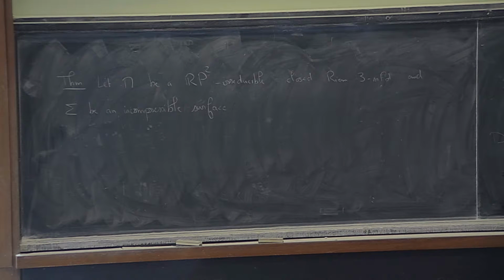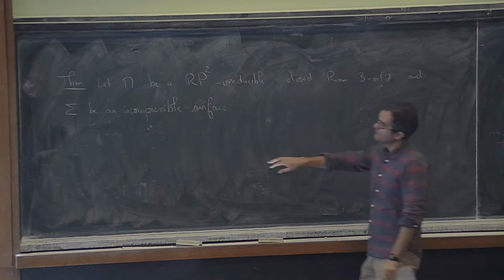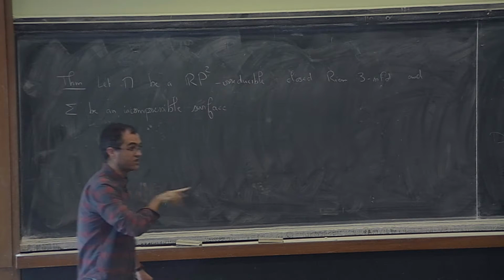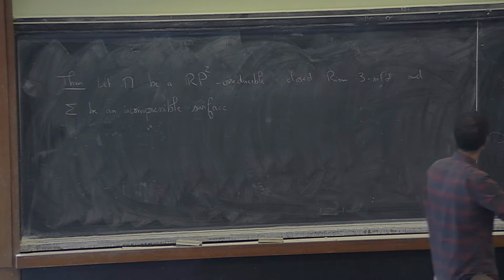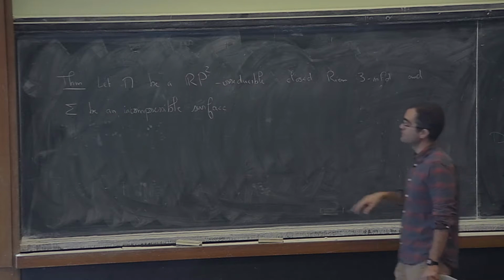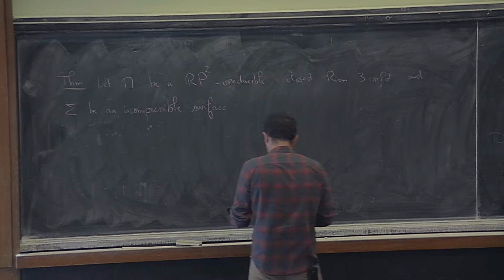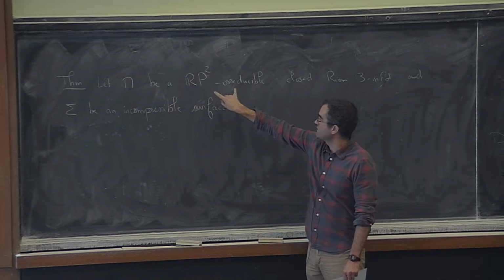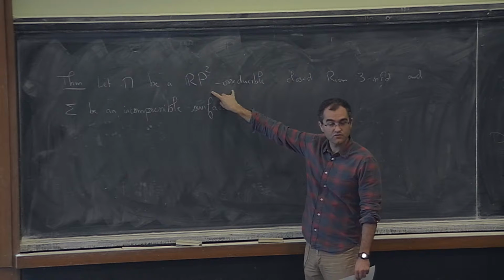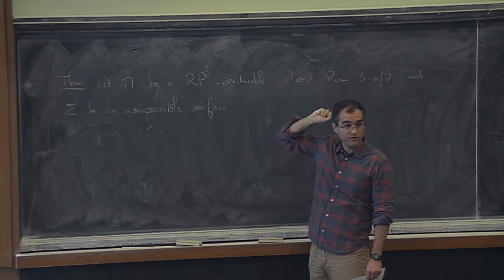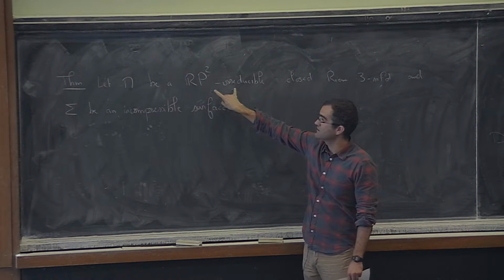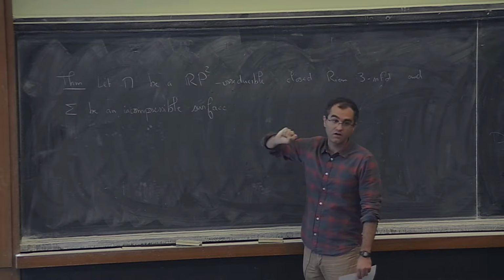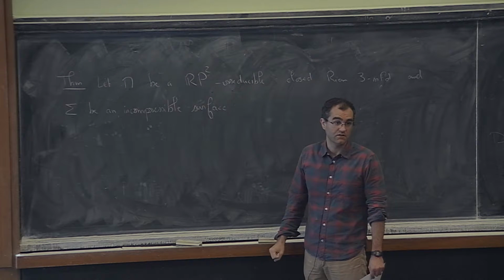I recall that this means that the injection of sigma inside M is pi1 injective. The pi1 of sigma injects into the pi1 of M. RP2 irreducible is a topological hypothesis in order to prevent what happened in the first theorem from occurring. So any sphere bounds, not essential, and there is no embedded RP2 inside the manifold.